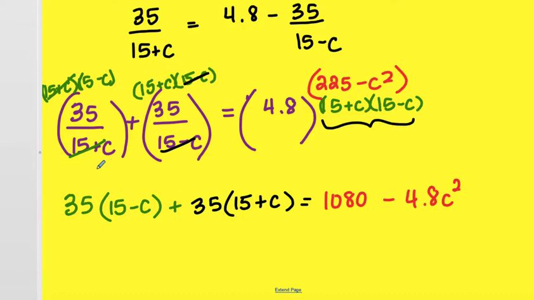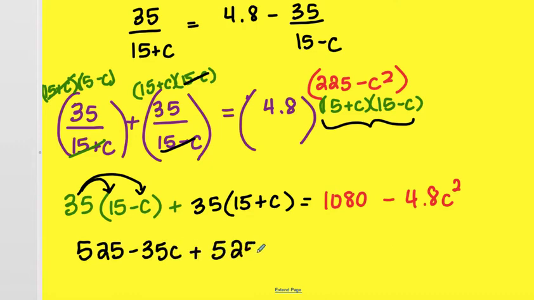Now I've got to distribute over here. So I'm going to do 35 times 15, grabbing my calculator, so 525 minus 35C, plus another 525 plus 35C, equals 1080 minus 4.8C squared.